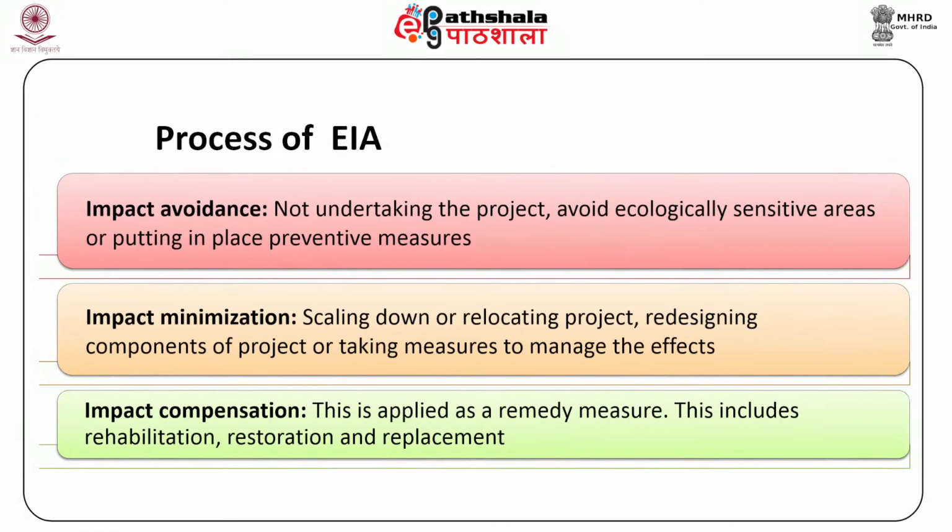Impact minimization, that is scaling down or reallocating the project, redesigning components of the project, or taking measures to manage the effects. 3. Impact compensation. This is applied as a remedy measure. This includes rehabilitation, restoration, and replacement.